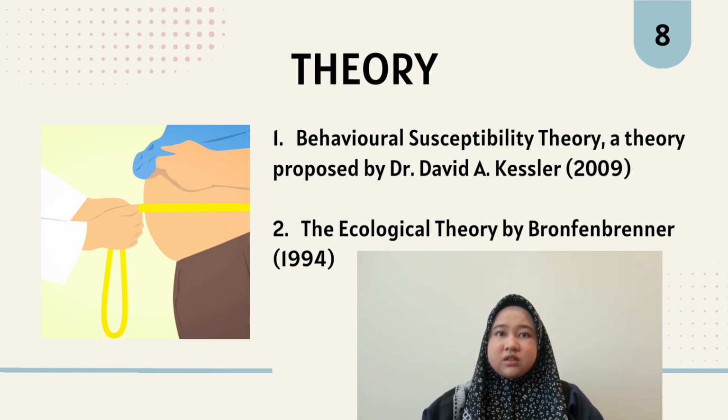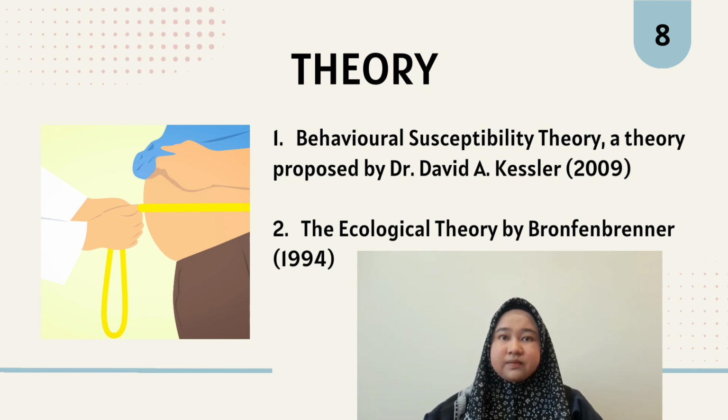The behavioral stability theory proposed by Dr. David offers an insight into the complex interplay of behavioral factors contributing to obesity. This theory suggests that individuals vary in their susceptibility to overeating and obesity due to differences in their response to food-related cues and stimuli in their environment.